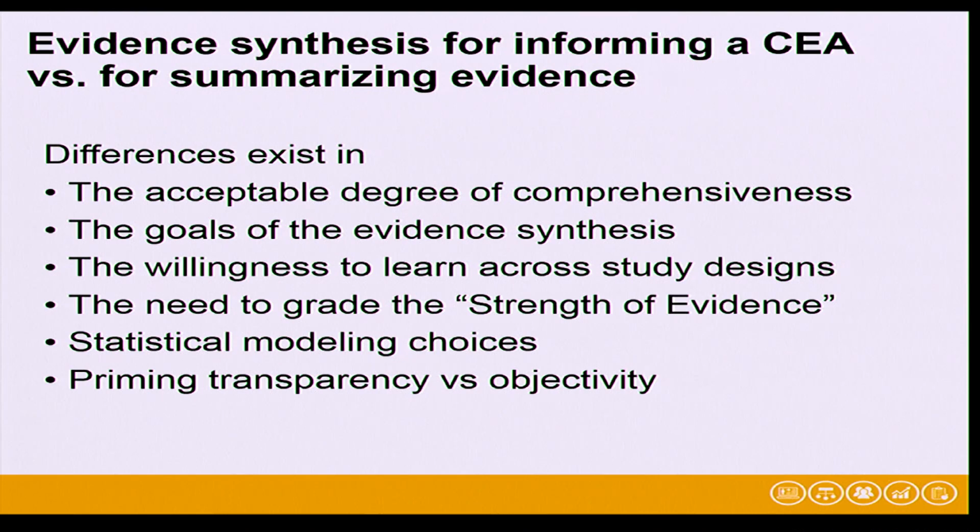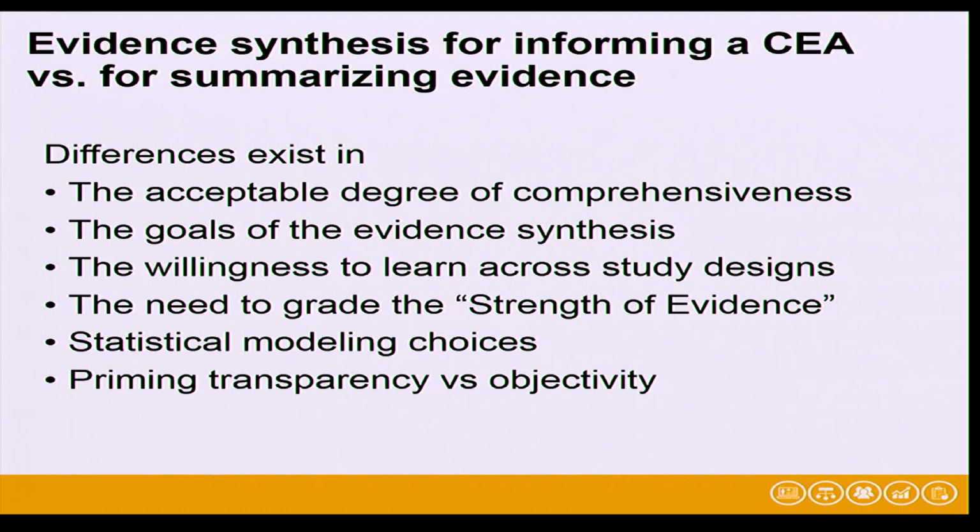Going through this conceptualization, we come to several realizations. There are some implications, and there are differences between the systematic review and meta-analysis that is traditionally used for summarizing evidence, and the evidence synthesis that one would do to inform a parameter for a cost-effectiveness analysis.